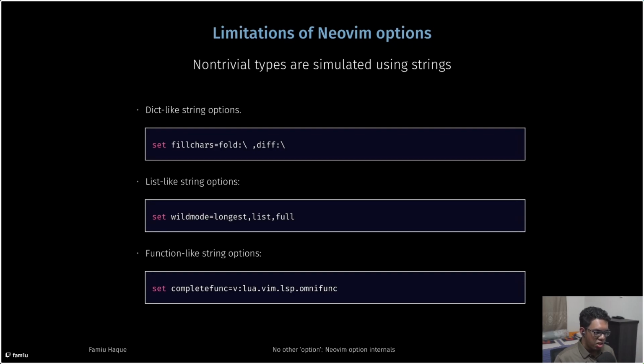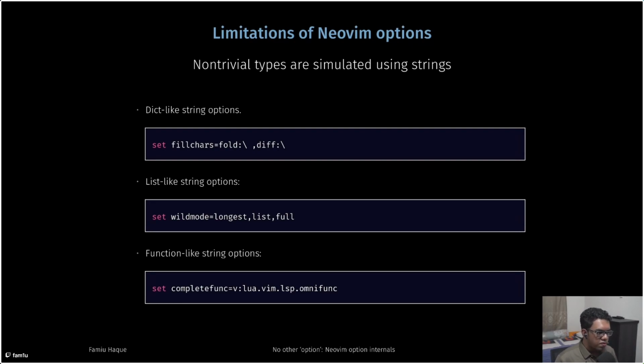This is basically a dictionary option, but represented as a string. Secondly, we have list-like string options. These are string options that represent a list separated by commas. As you can see, it's wildmode equals longest, comma, list, comma, full. So these are 3 values.